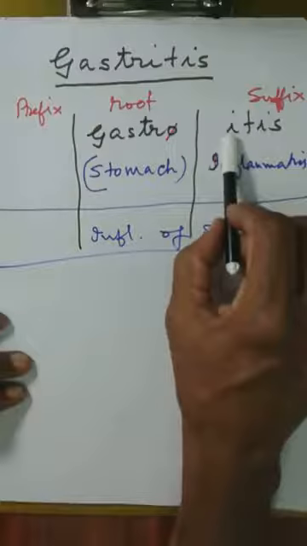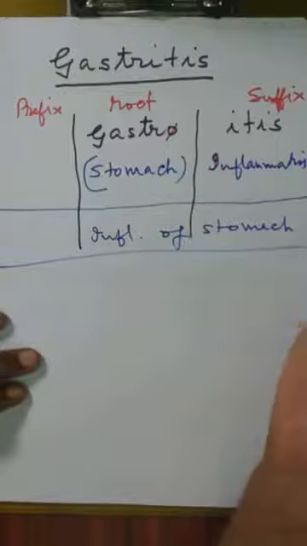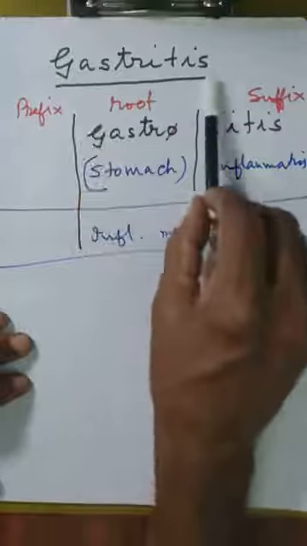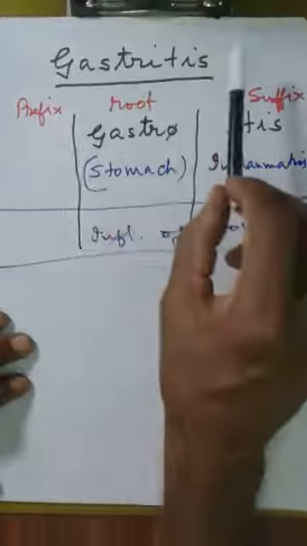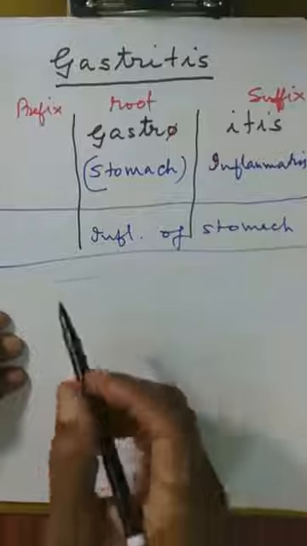Just add itis to that word, then you will get the name of the disease concerned. That's all. Very simple.